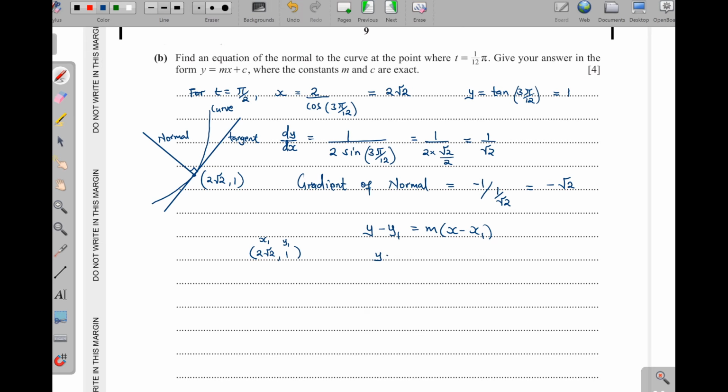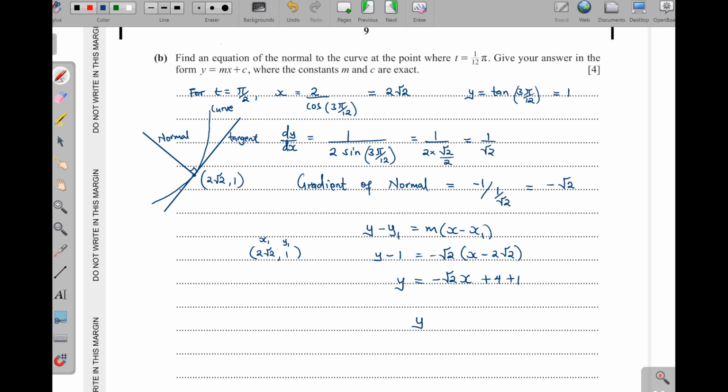So we shall have y minus 1 equal to m, which is negative root 2, then x minus 2 root 2. I can take the 1 to the other side. When I open the brackets here, we shall have negative root 2 of x, then plus root 2 times root 2, that one gives us a 2, then times the 2, that one gives us a 4. Then when one crosses, it is a plus, not so?